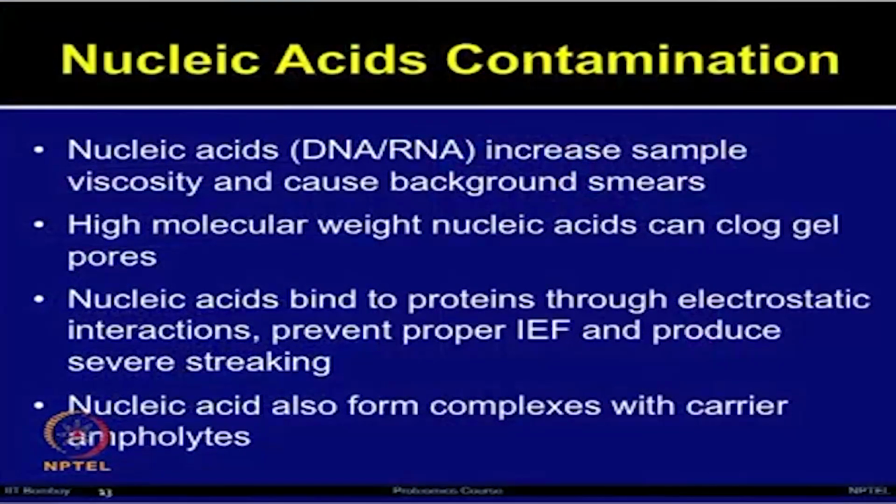High molecular weight nucleic acids such as DNA or RNA can clog the gel pores, which are used for gel based proteomic applications. These nucleic acids can bind to the proteins through electrostatic interactions, and it will interfere in the isoelectric focusing step, and it may ultimately result in severe streaking.